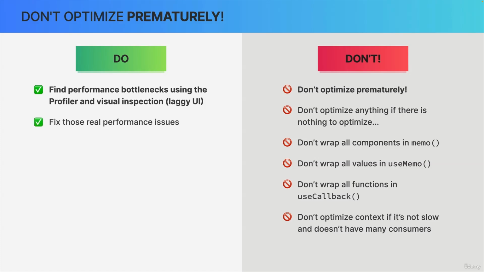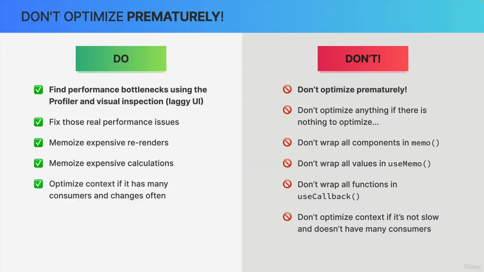For example, by memoizing expensive re-renders or expensive calculations. Now, when it comes to the context API, it only makes sense to optimize re-renders if a certain context has lots of consumers and if the state updates all the time, causing a significant issue.